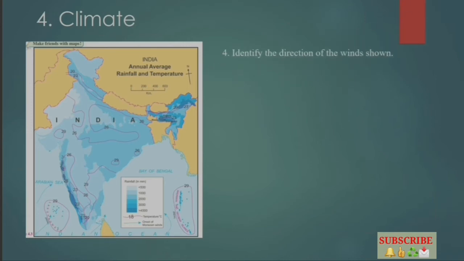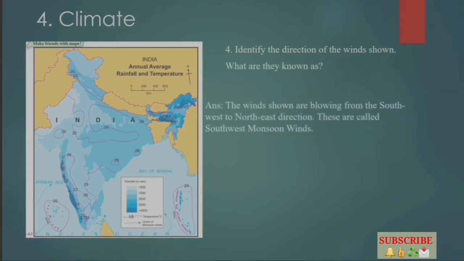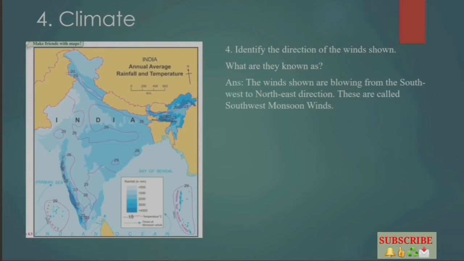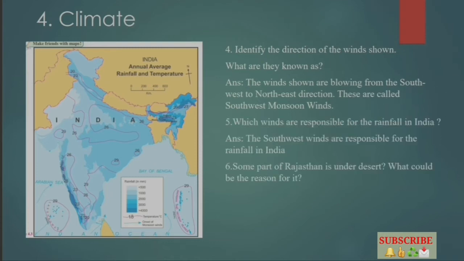Next question: identify the direction of winds shown. What are they known as? The winds shown are blowing from the southwest to northeast direction. These are called southwest monsoon winds. Fifth, which winds are responsible for the rainfall in India? The southwest winds are responsible for the rainfall in India.